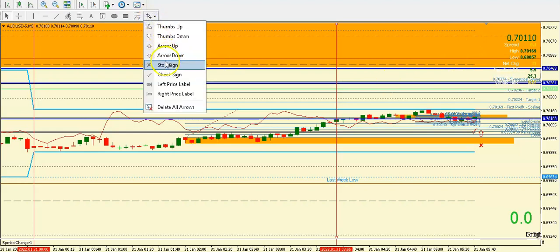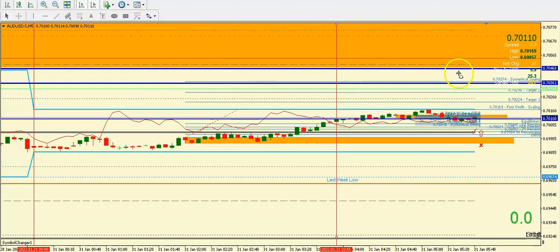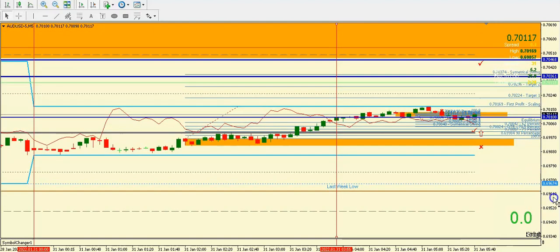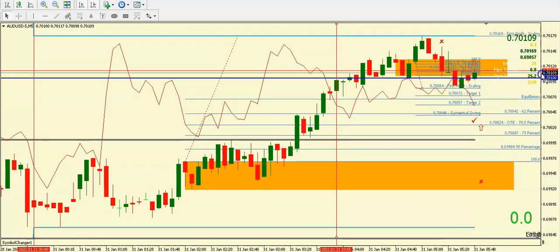So this is the take profit. The second one will be about here. So we are talking about an 11 pip stop loss and 40 pip take profit. All right, that's that. On 17, there we go.